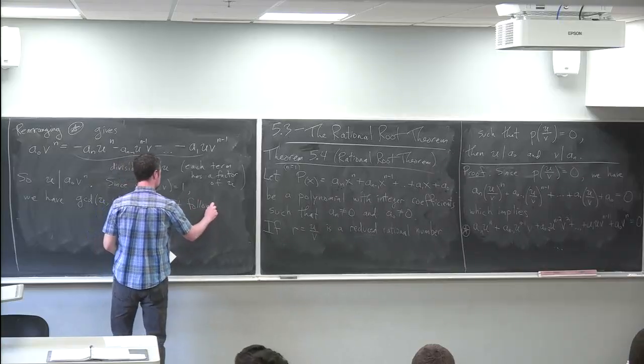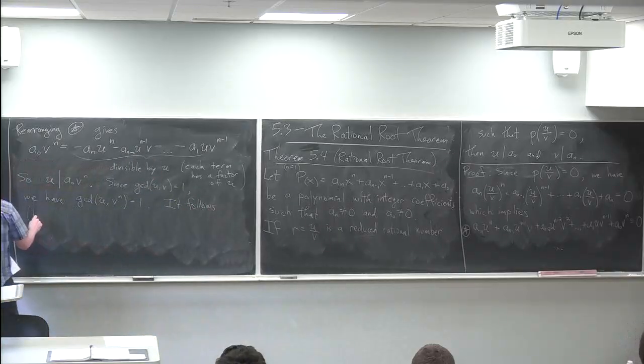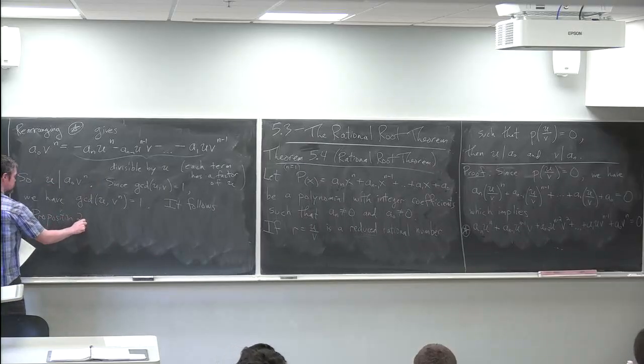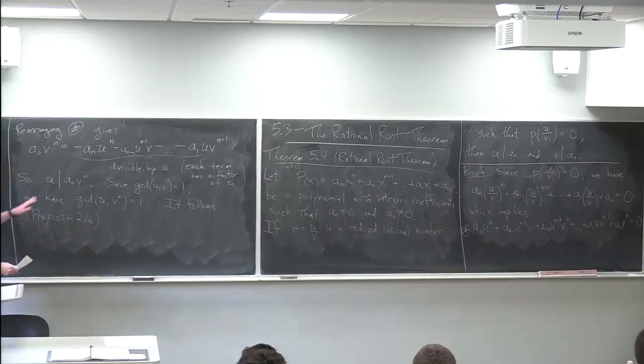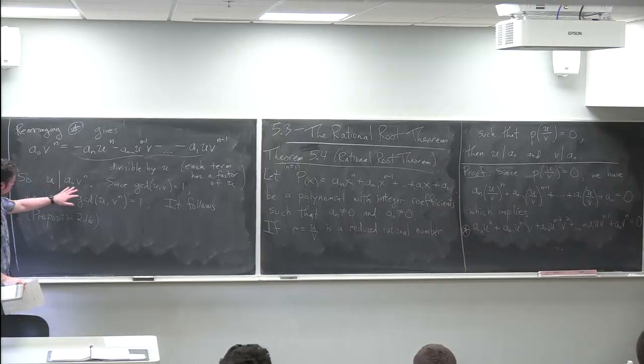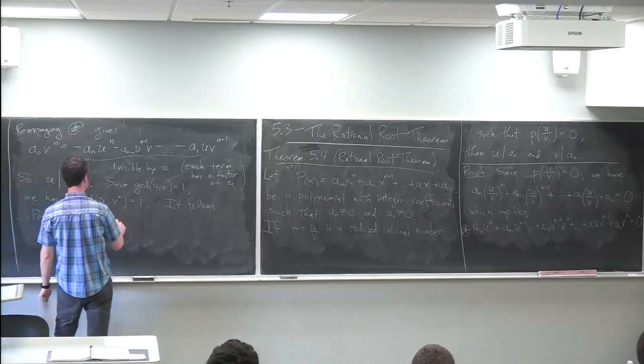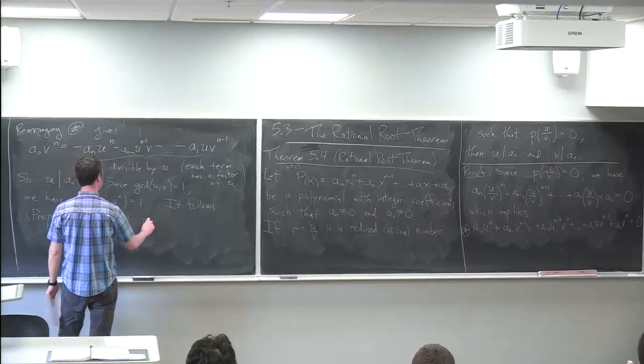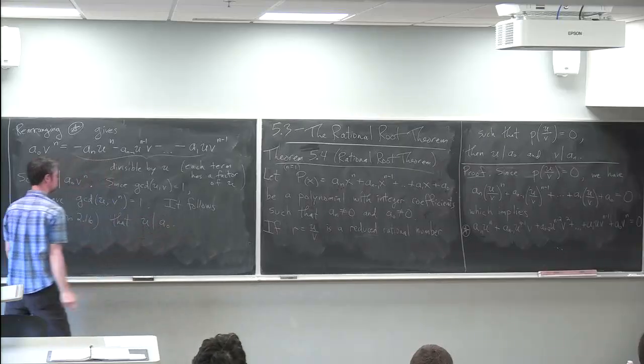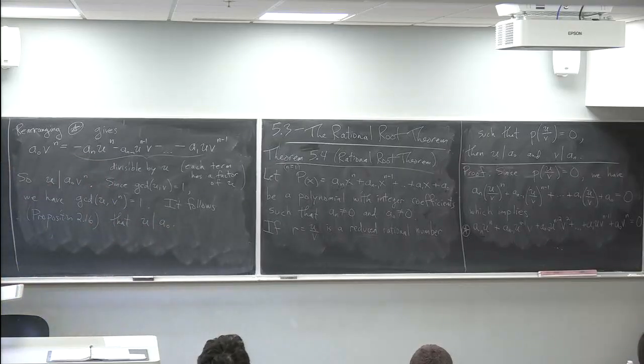And so you need to remind yourself exactly what says this is okay. Here's the reference: u divides a product of two things, and it's relatively prime to one of the factors, and so therefore it follows that u divides the other factor. Okay? So that's why we get that u divides a naught.